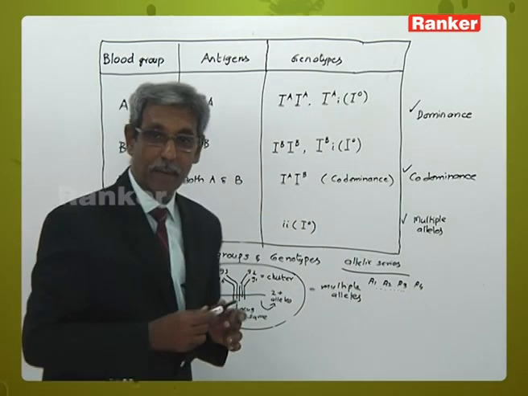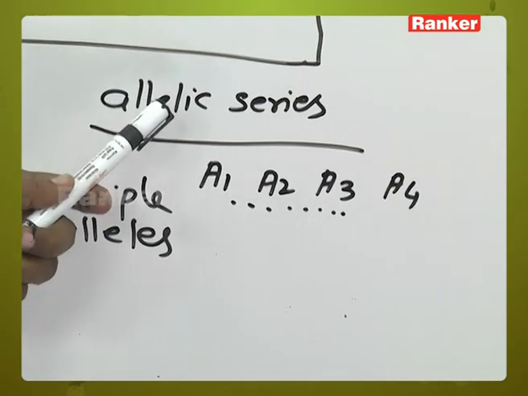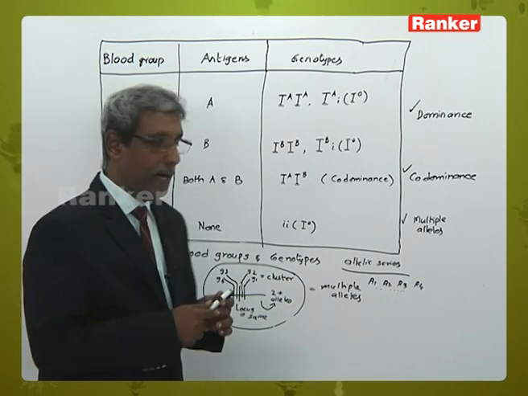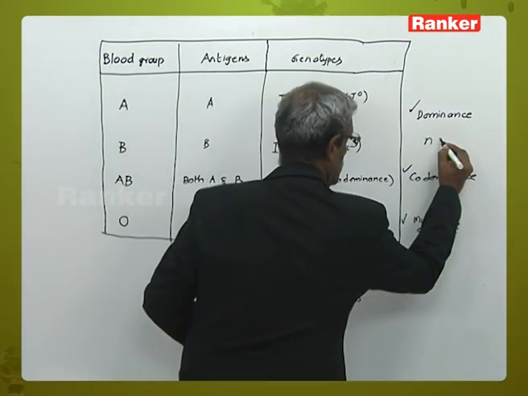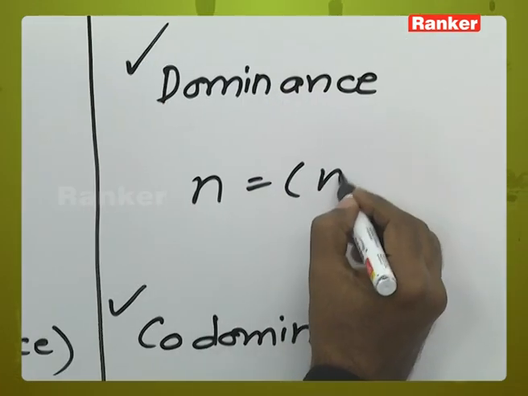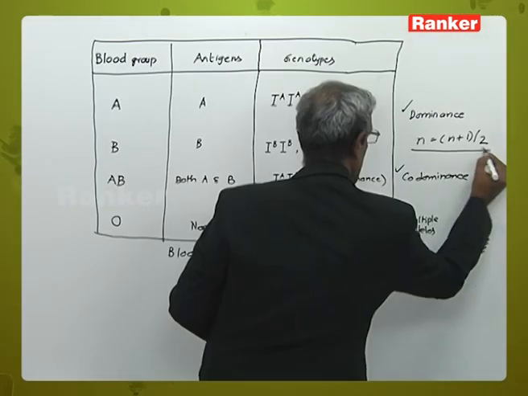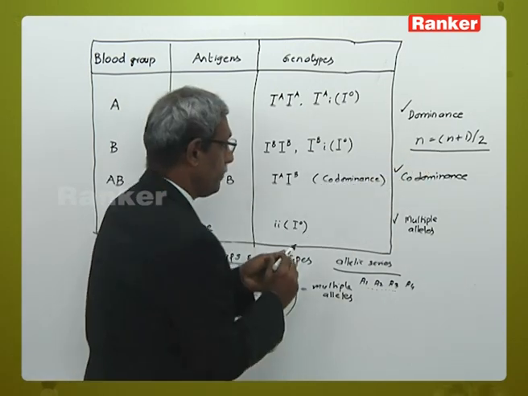So when you take multiple alleles, the number of genotypes possible in an allelic series is given by the formula N is equal to n into (n plus 1) divided by 2.